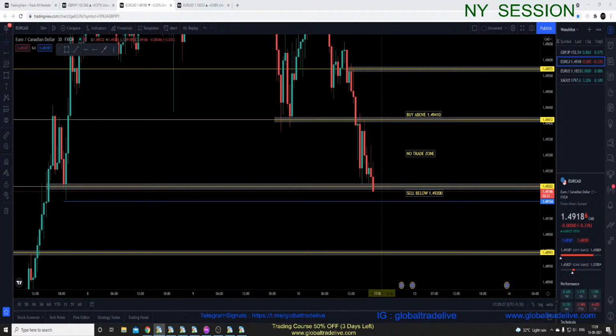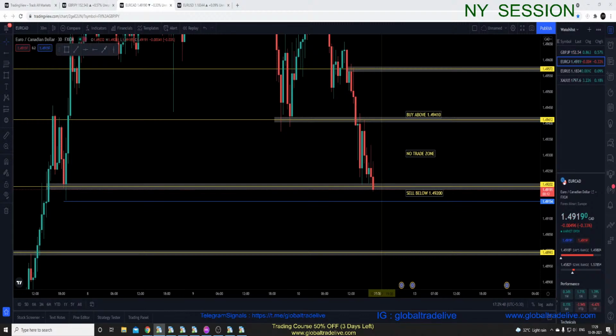EuroCAD is pushing down. It's just that if it closes down with no wick on the bottom, then it will be really difficult to say whether it will be going down or not. So it has to close with a wick to the bottom.